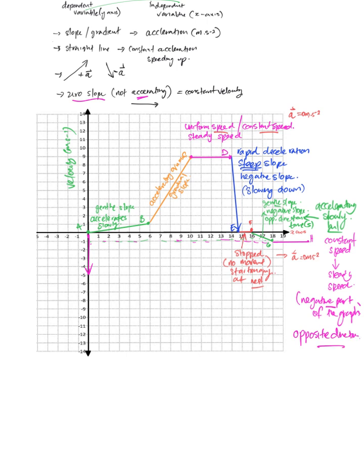So if you're in the top half of the graph, in the positive y-axis, look here, we've got the positive y-axis, and over here we've got the negative y-axis. If you're in the negative y-axis, you're going in the opposite direction. And if you're in the positive y direction, you're going in the direction of motion. Remember, we discussed that as well.